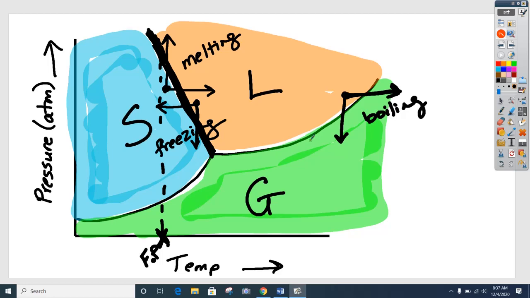We can go the opposite direction. Anytime you change from a gas to a liquid, we can do that by keeping the pressure constant and decreasing temperature, or keeping temperature constant and increasing pressure. That, of course, changing from a gas to a liquid, would be condensation.